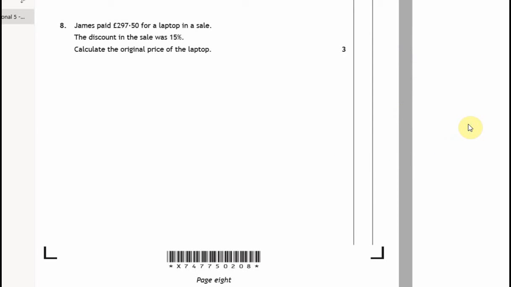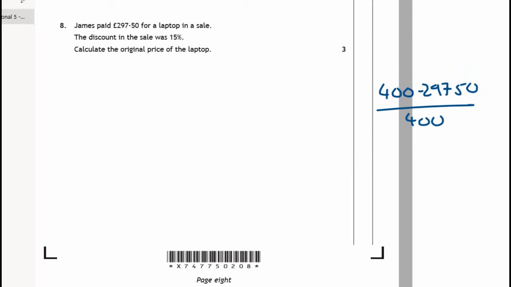Let's look at this laptop. Say the laptop was £400 and it's now that. What's the percentage change? The difference is 400 take away 297.50, over the original, 400. Difference over original gives us our percentage change.